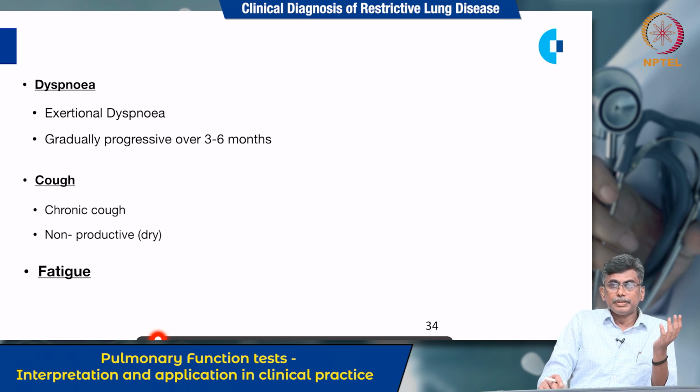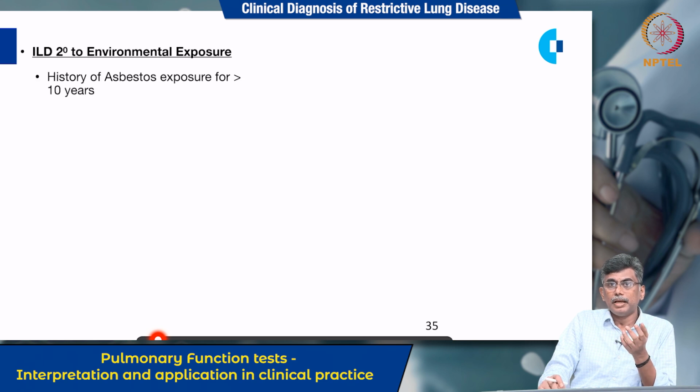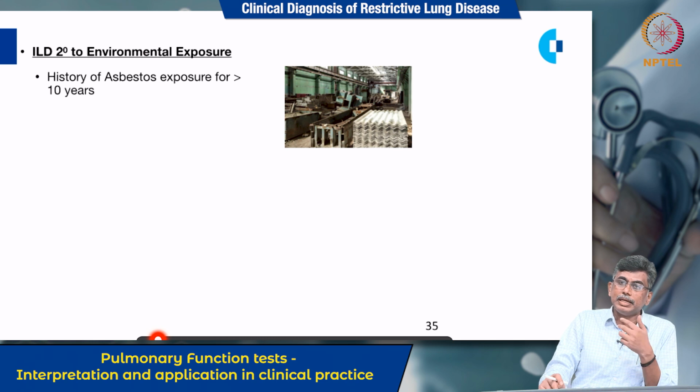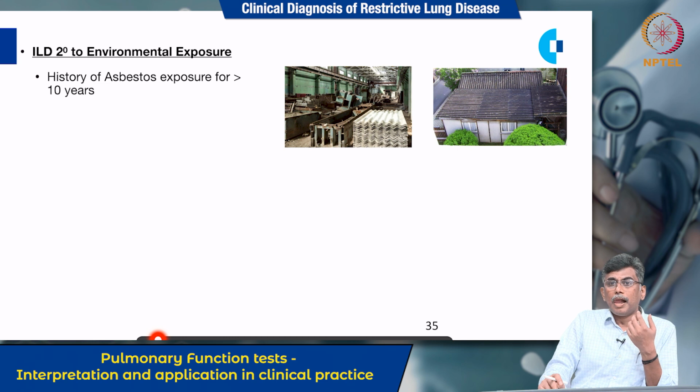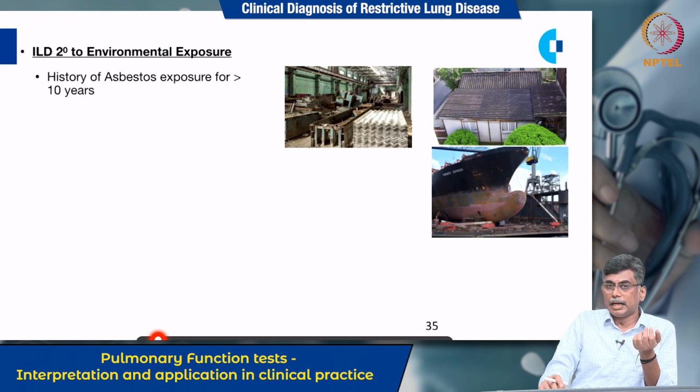Now we know that diffuse ILD can occur because of several causes. If you ask the history carefully, we can find out the etiology of this interstitial lung disease. First, we ask for history of asbestos exposure for more than 10 years. We ask whether they have worked in factories which produce asbestos, or live in houses roofed by asbestos, or in shipyards where asbestos is used as an insulation material.